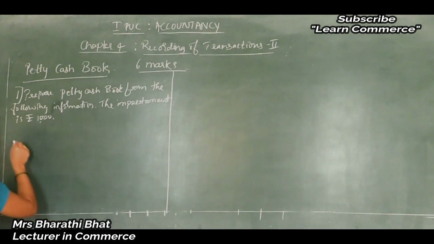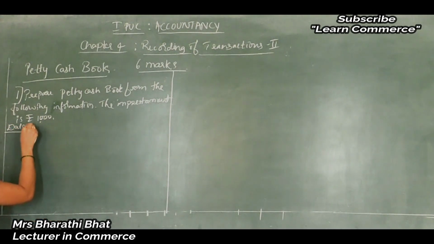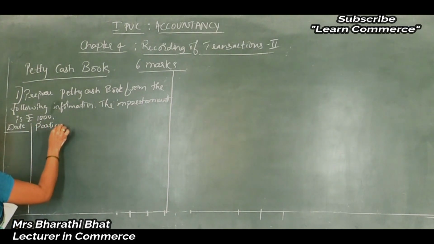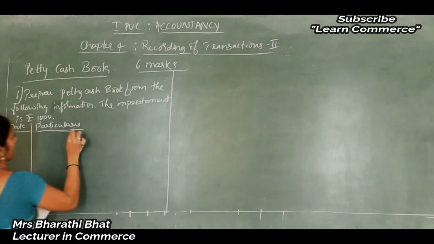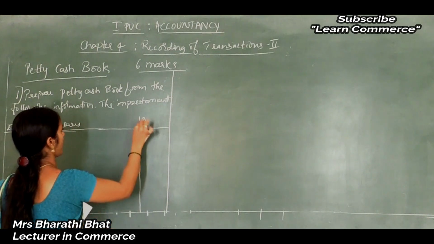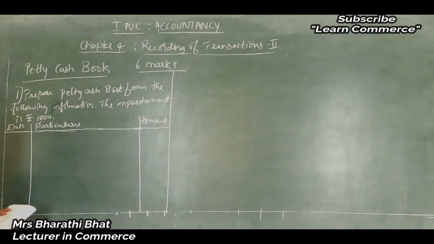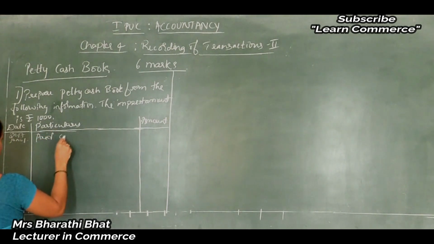Okay. And the transactions are like this. First one date column, and next one particulars, and next column for amount. Clear? Okay.